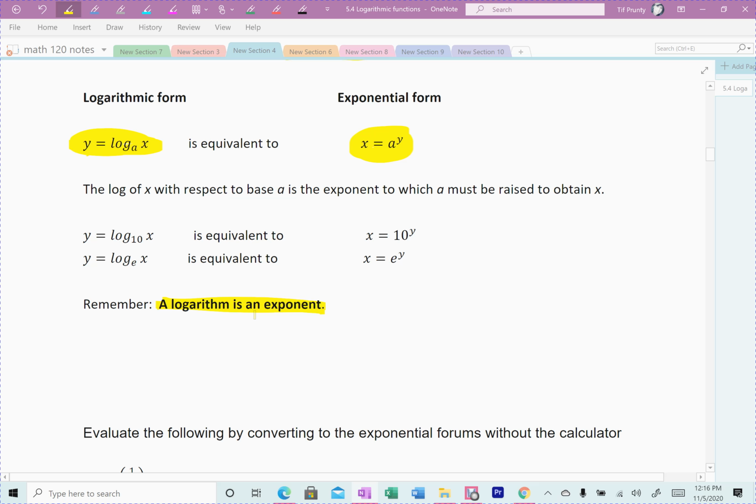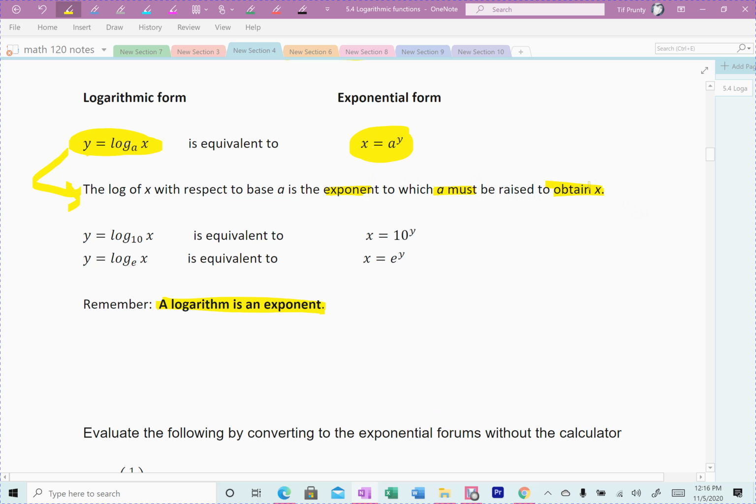So the log of x with respect to base a is the exponent to which a must be raised to obtain x. The y is the exponent you have to put on base a in order to get the x value.